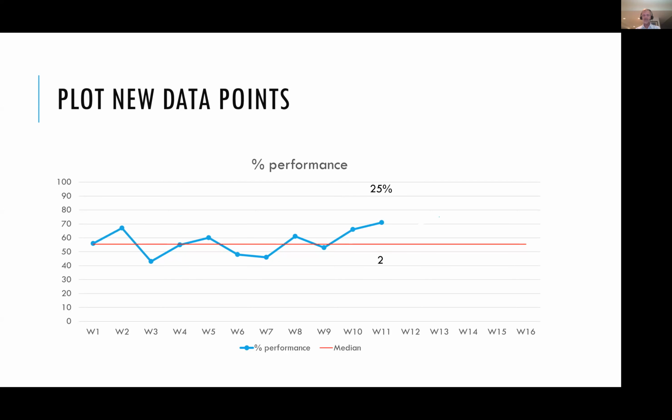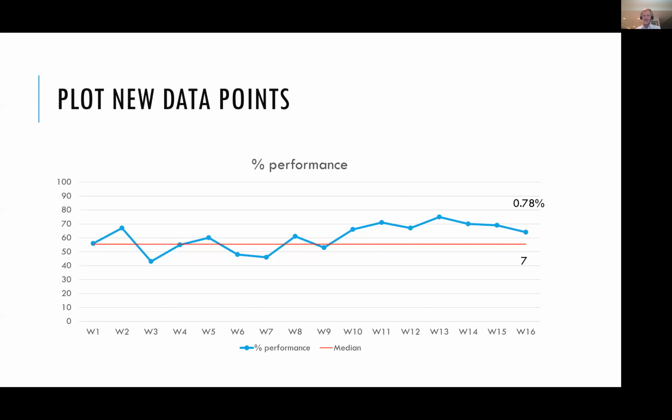The probability of getting a run of 3 data points is multiplied by 50% again, which is 12.5%. The probability of 4 data points all on the same side, so a run of 4 points, is 6.25%, and it keeps going. You just divide by 2. So 5 points in a row is 3.125%, 6 points in a row is 1.5%, 7 points is 0.78%.